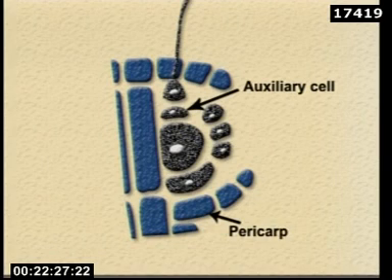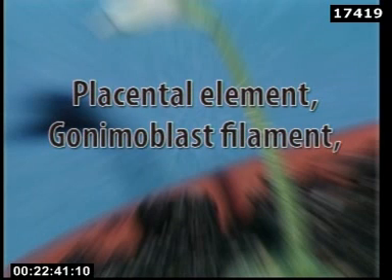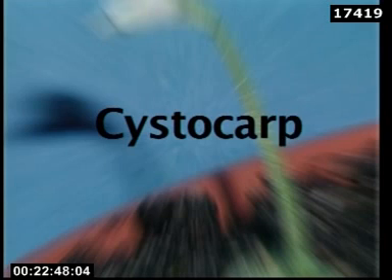Meanwhile, with these changes, the pericentral cells adjacent to the supporting cell divide several times to form a protective flask-shaped covering, the pericarp. It consists of 2 layers and has a wide aperture at its distal end. The entire structure, consisting of the placental element, gonimoblast filament with terminal carposporangia and surrounding pericarp, is termed a cystocarp.